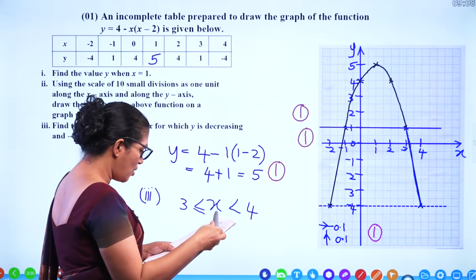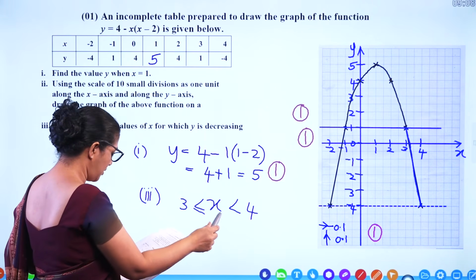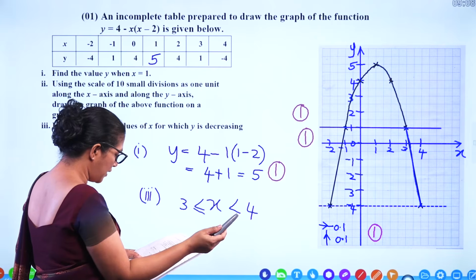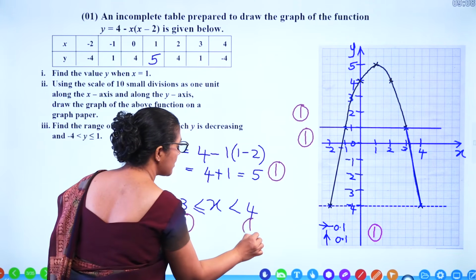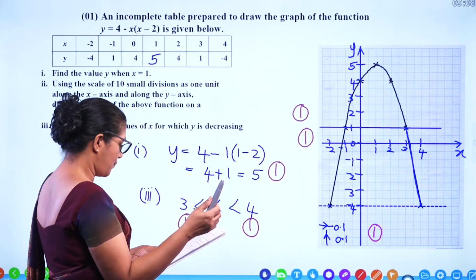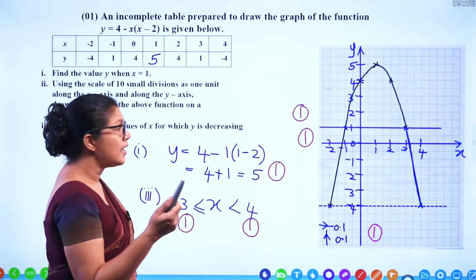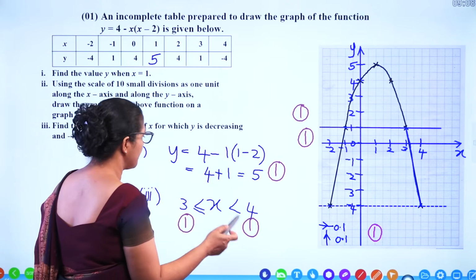And also writing down these x values, 3 to 4, you get 2 marks for that, 1 and 1. And now we can do the next part.